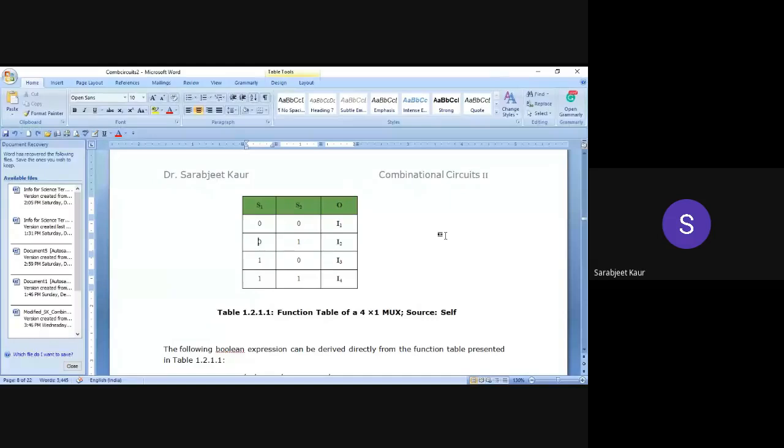Physically, if I place I3 on the top and I1 down, then whatever is the first input channel can be passed on to the output whenever I give 0 0 for the selection lines. But from your examination point of view, I request you to stick to the textbook format.